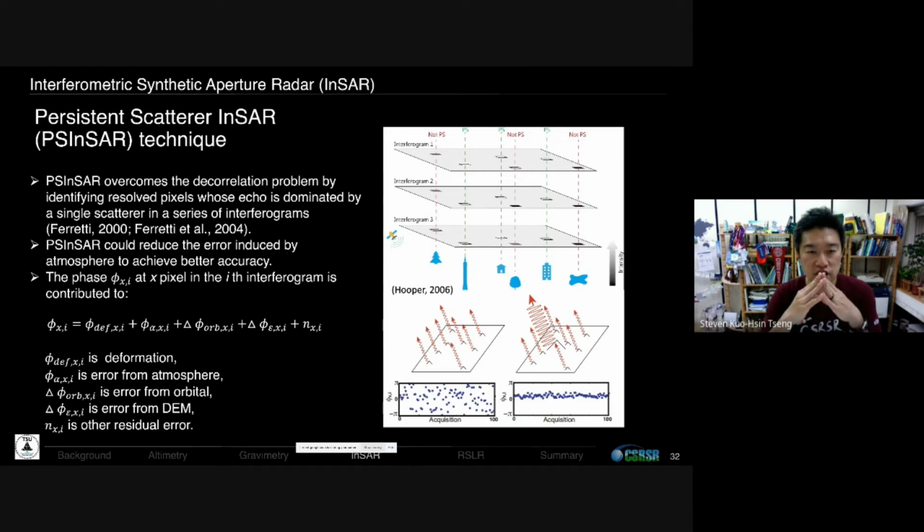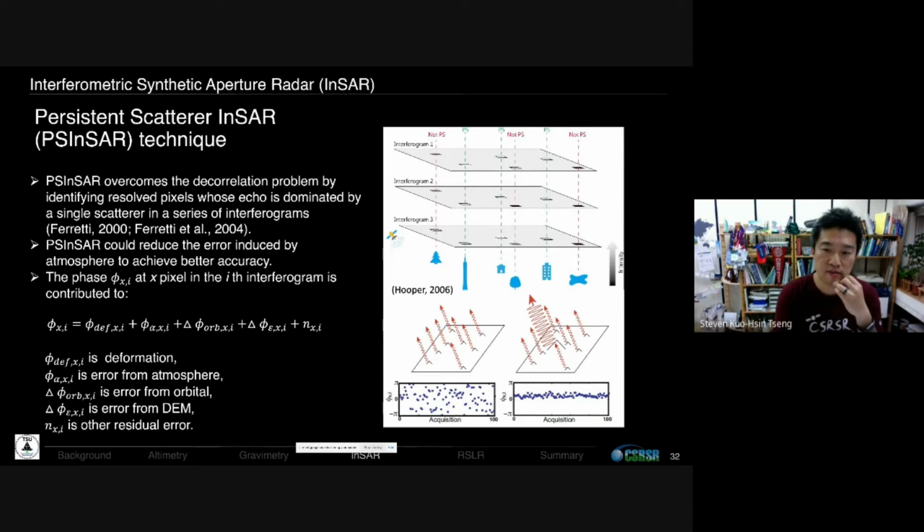If it's a good reflector, we try to measure that in the time series again and again to see what the motion of that object is. Persistent means that if in the time series of radar images, the intensity keeps high enough and the phase keeps stable enough, then we treat that as a good scatterer. So it's basically a reference point.